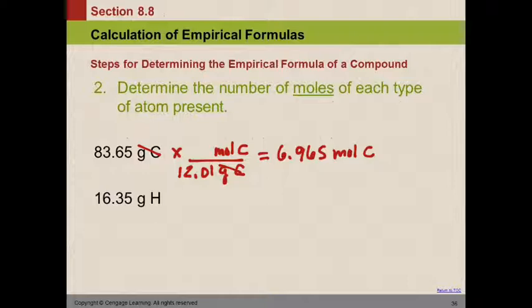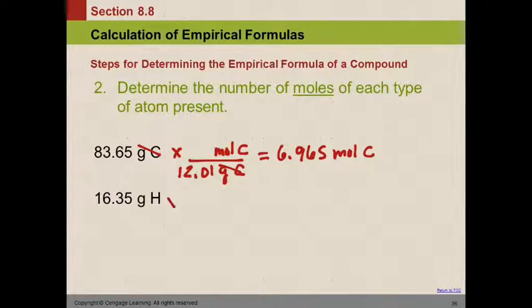So be sure to include at least the correct number of significant figures, and if you want to include more, more is better. If you take this number and round it off to 7, you could end up getting the wrong answer. I see that happen a lot. Students will round off when they really shouldn't.